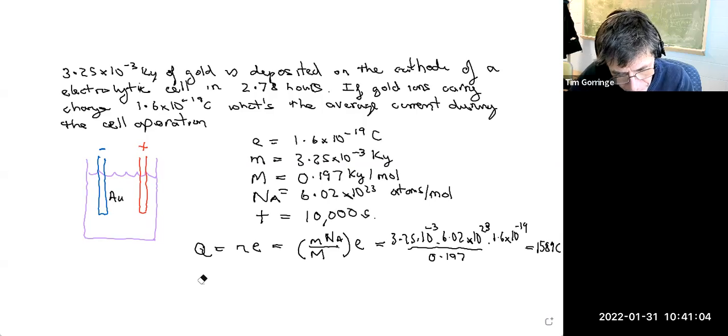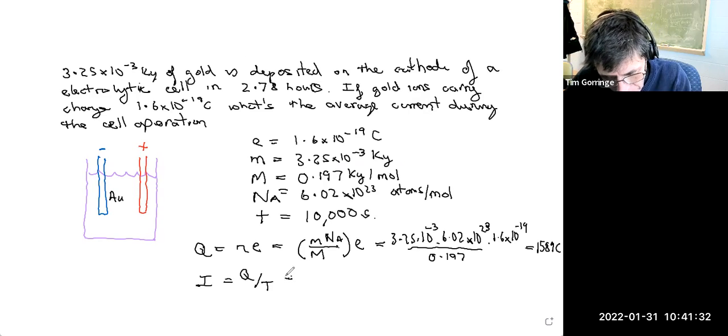So now I want to figure out the corresponding electrical current. And that's just a matter of using our definition that the electrical current is the amount of charge that flowed divided by the interval of time over which it flowed. Sometimes we use delta Q for the amount of charge and delta t for the duration in time. I've just written it as Q over t, charge over time. We know the charge now.